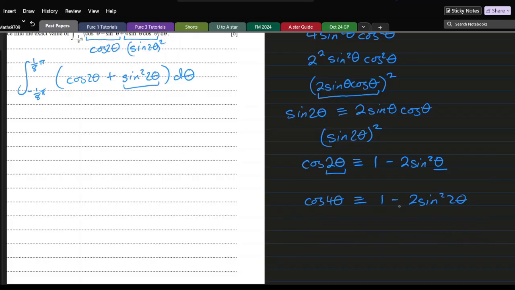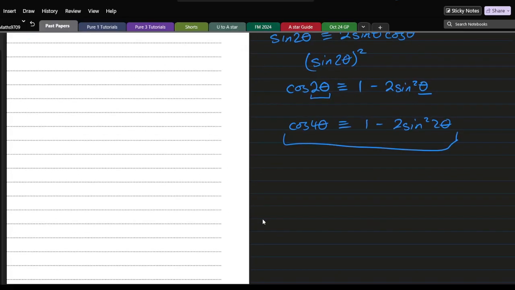Alright, so in this identity here, I want to make sine squared 2 theta the subject of the formula. So this becomes 2 sine squared 2 theta is equal to 1 minus cos 4 theta. And let's divide both sides by 2. So sine squared 2 theta is equal to half minus half cos 4 theta.